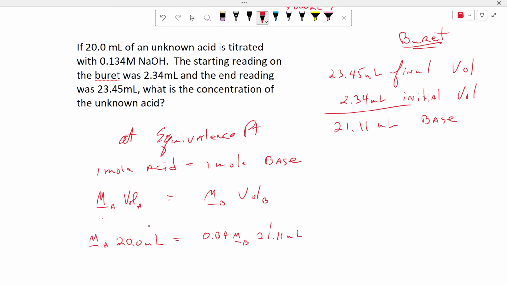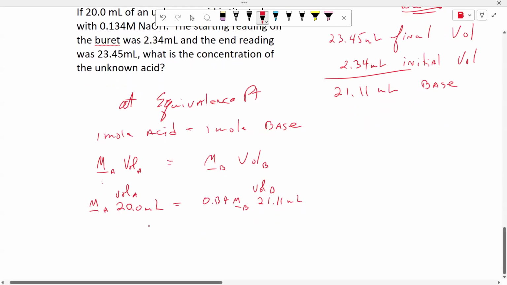So this is the base, and this is the volume of the acid. So what we're going to do now is we're going to solve for M sub A.